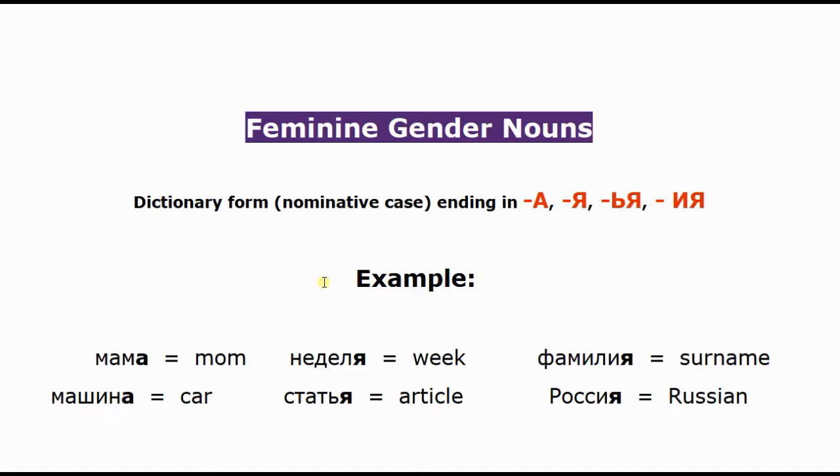In the dictionary it will also be written for you, so you don't have to think and doubt yourself. It's always very easy just to check in the dictionary and you'll be fine.